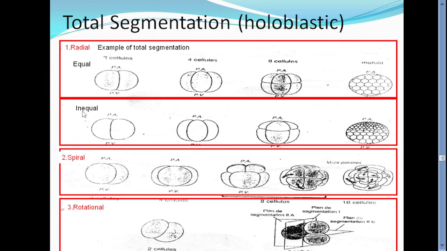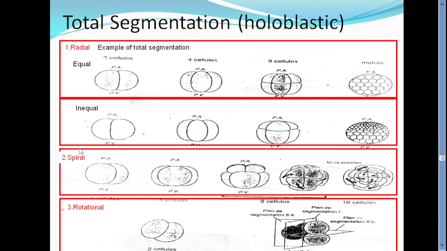Here it is unequal. At the stage 8 you can see that we obtain small cells and big cells, but anyway it is total, and the cleavage planes are in the same direction.